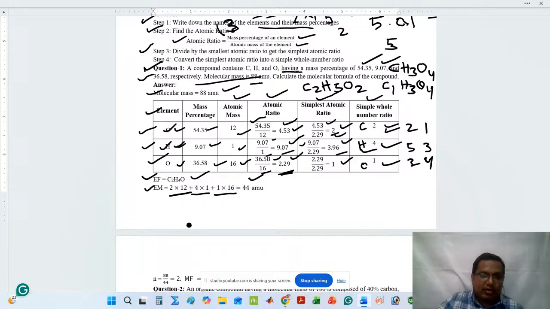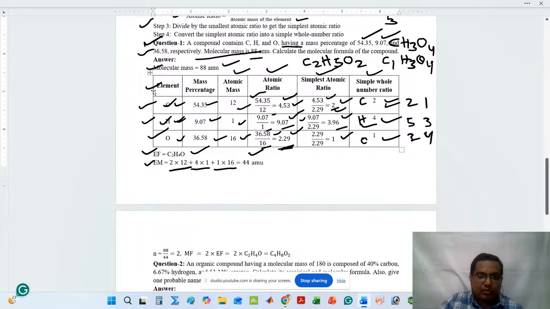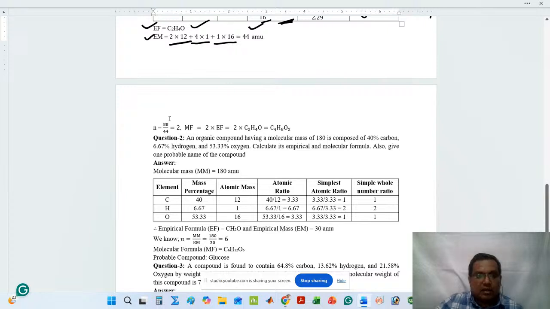We know that the value of n is equal to what? Molecular mass divided by empirical mass. Your molecular mass is 88, next empirical mass is 44. So here I can write n equal to 88 divided by 44. That means n is equal to 2.